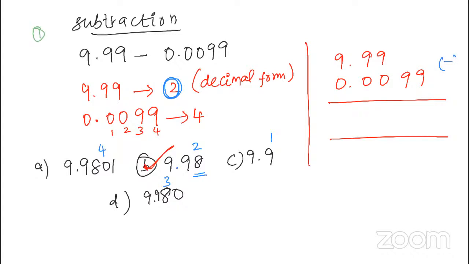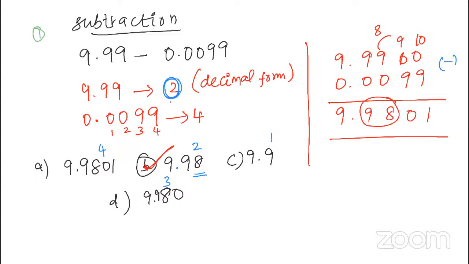Okay. So how to solve this one? Here we put the minus. Okay. Here we can put zeros. From the 0, it is 8 and here it is 10 and here it is 9. Okay. So it is 1, 0, 8, 9.9. Okay. So now we want only 2 digits.